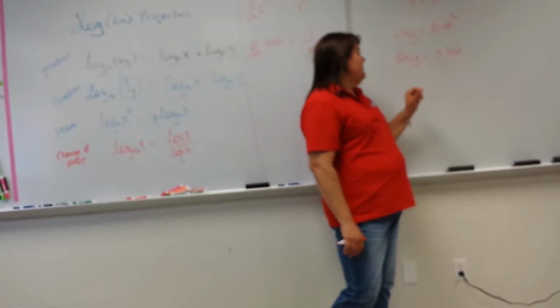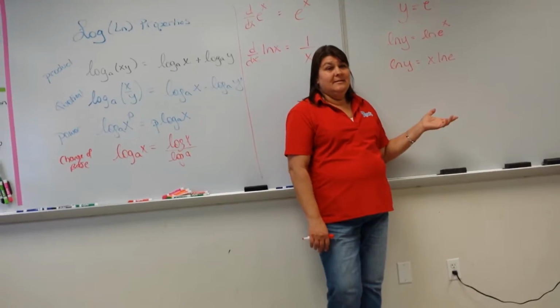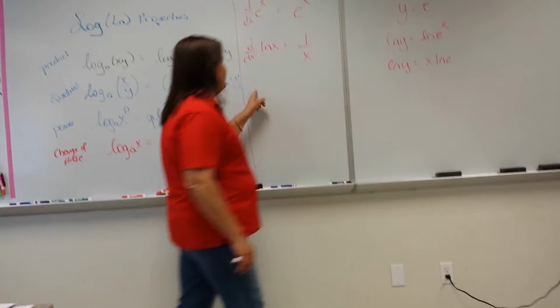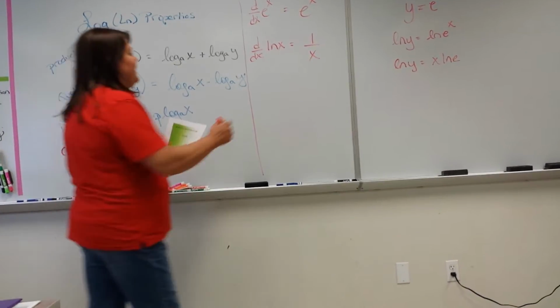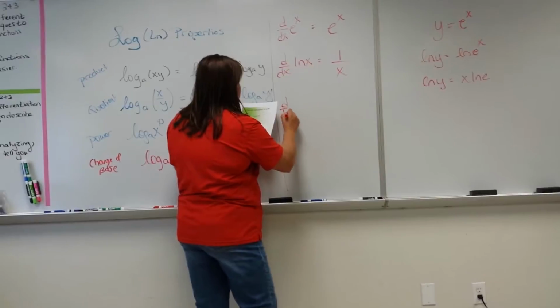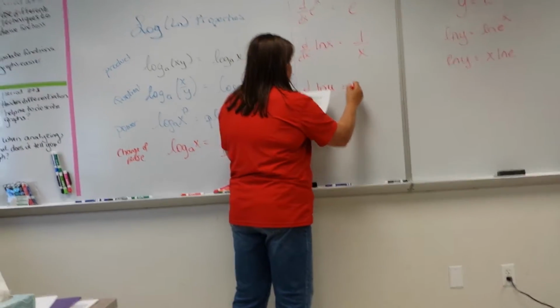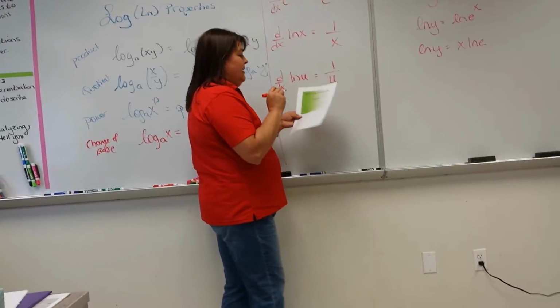If I'm looking at this, it's the natural log of y, right? Wait a minute, back up over here. Let me show you this. The derivative of the natural log of u is 1 over u, looks familiar, right?